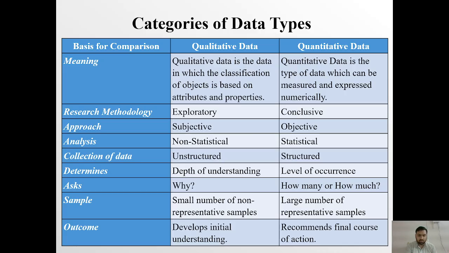Research methodology in qualitative data, exploratory; in quantitative data, conclusive. Approach, subjective; on the other hand, objective. Analysis, non-statistical; on the other hand, statistical. Collection of data, unstructured; on the other hand, structured.